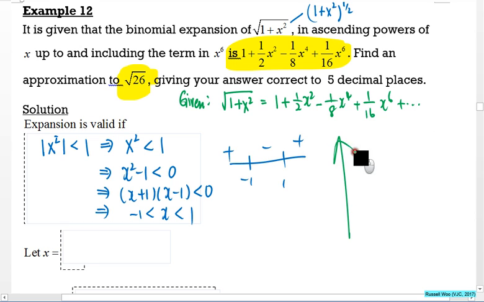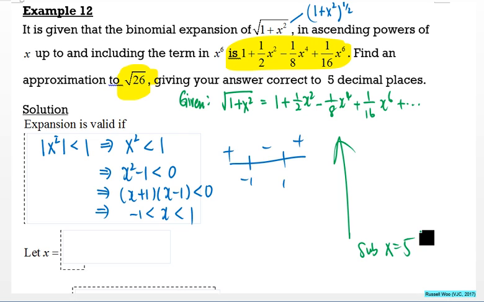Now, if I substitute x equals to 5, I get left hand side square root 26. Right hand side, whatever this is will be the estimate. My point is this only equals this if x is between minus 1 and 1.